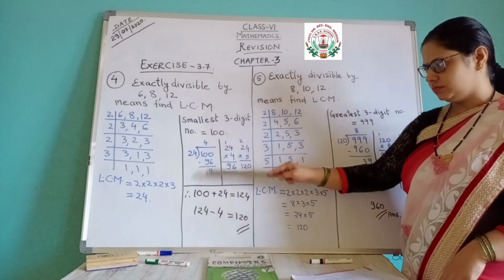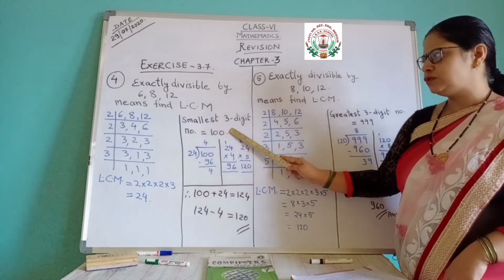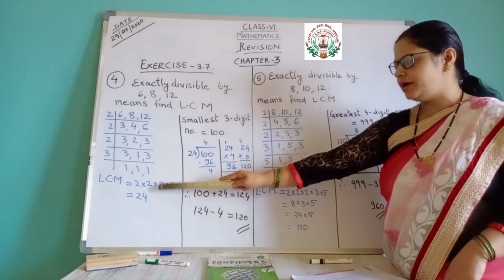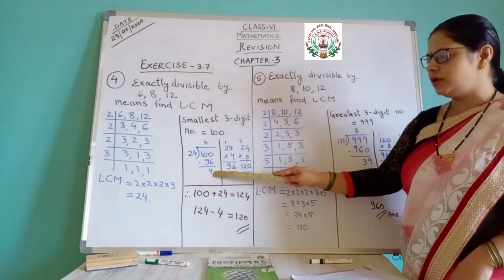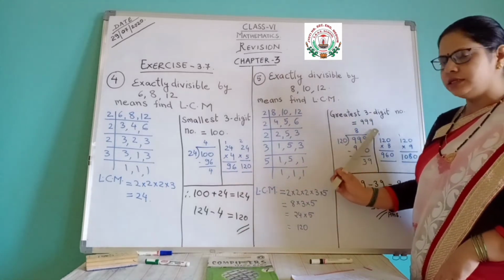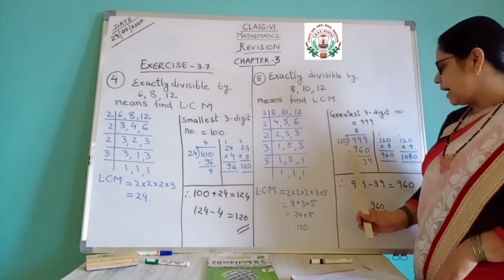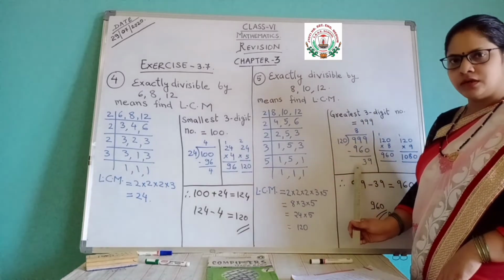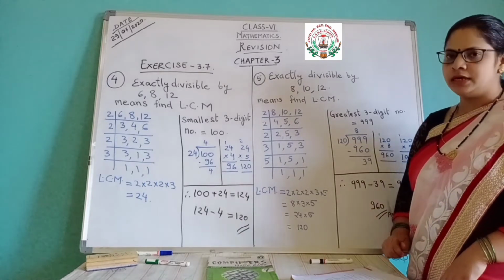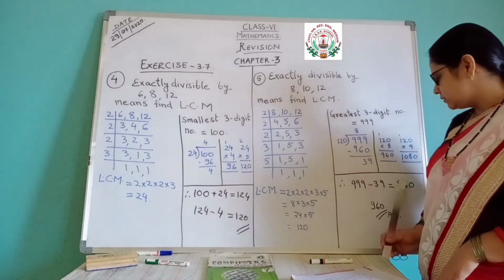For the smallest 3-digit number, we added the LCM 24 and from this subtracted the remainder. Like this, if we go, it is the greatest 3-digit number. In this, directly if you subtract the remainder, we get 960. 960 itself is a 3-digit number and it is the greatest 3-digit number.